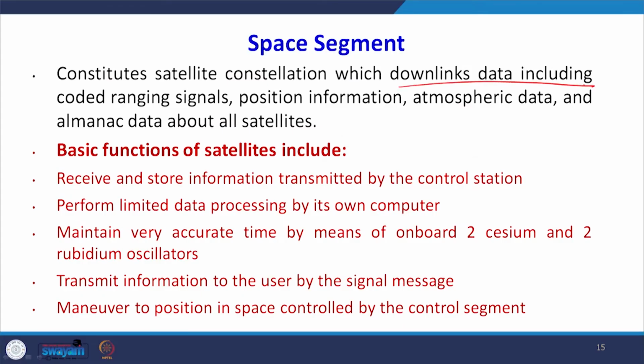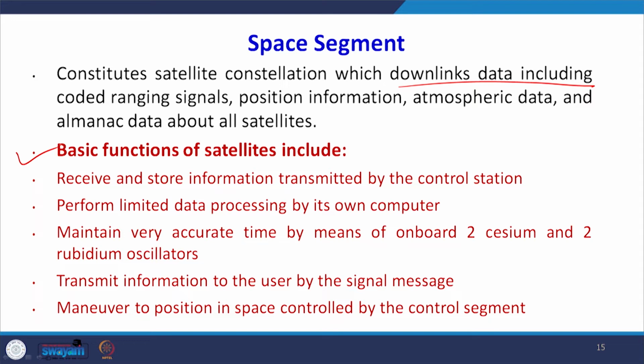This space segment basically constitutes a constellation of satellites, a large number of satellites, a network which will downlink the data including the code signals. The basic functions of these satellites are that they will receive the information, store the information and transmit it to the control stations which are on the ground. These control stations are also well distributed.